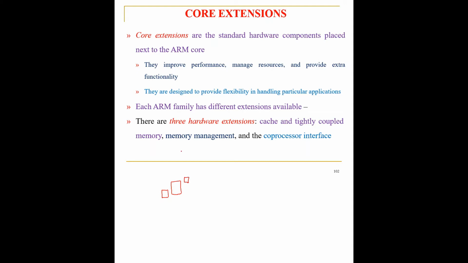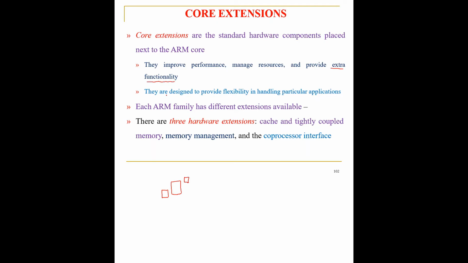So that is what is being explained here. Core extensions are the standard hardware components placed next to the ARM core. What are these extended cores going to do? They improve the performance, manage resources and provide extra functionality. The basic idea behind extending the core is to provide extra functionality to the existing core or existing processor.